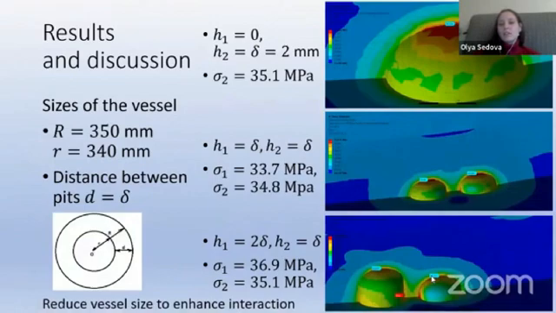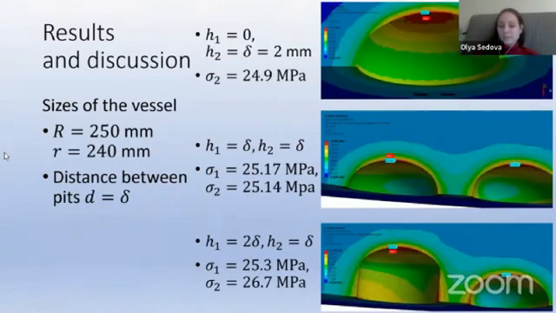Here, for the big vessel, we found that the stress has its maximum on the ligament earlier than for the vessel with reduced sizes.